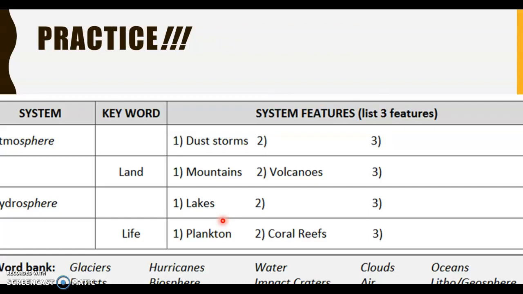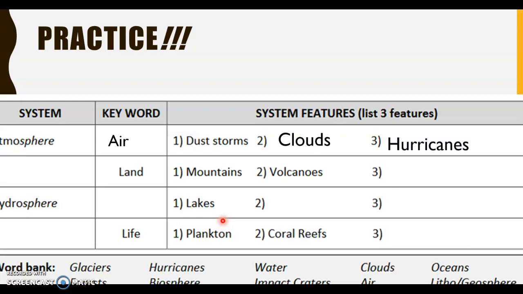Draw this table in your notebook and fill in the blanks. So pause, draw the table, and make sure you fill in all the blanks. So just have what systems, what keyword you should think of when you think of that system, and some of the features of each of these systems.